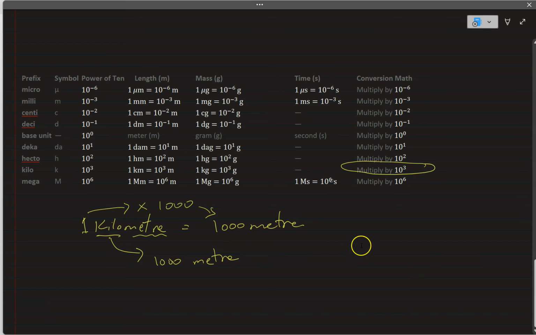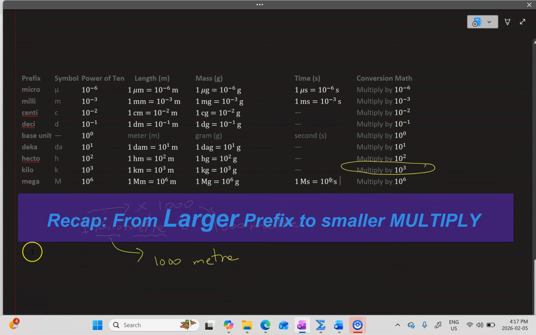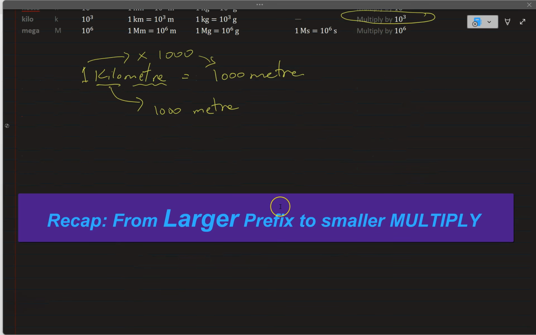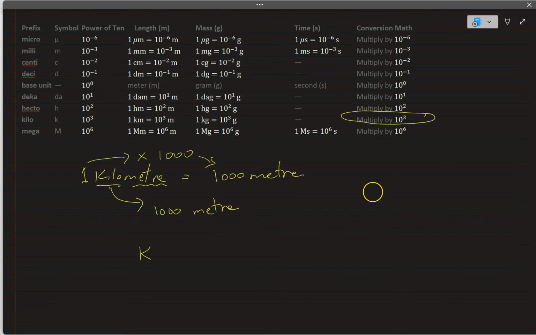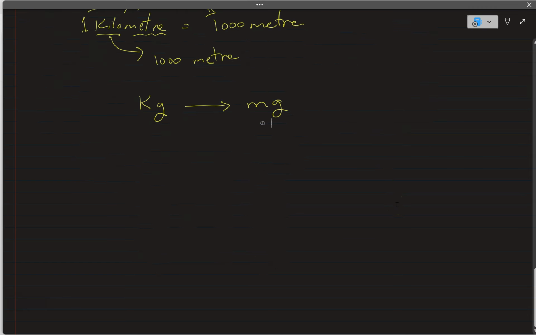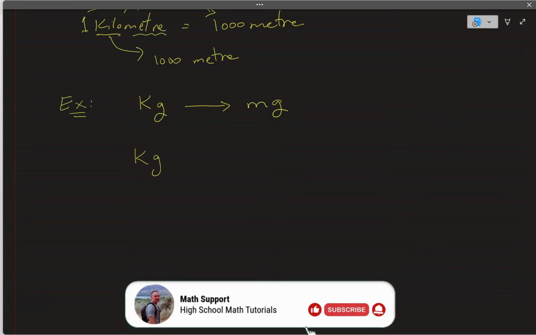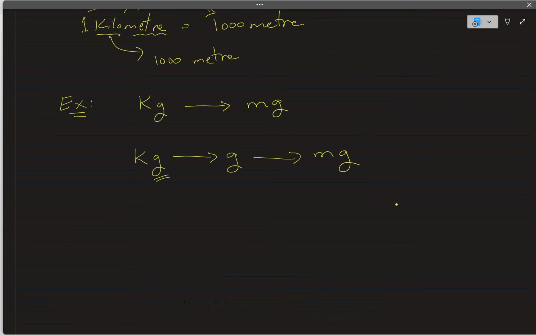Now here's the thing. Every time you're going from the bigger to the smaller value, you have to multiply. So let's do another example. Let's suppose you want to go from kilogram to milligram. Well, to do that, first you go from kilogram to gram, and from gram to milligram, because they all have gram as part of the unit and the rest is just the prefix.